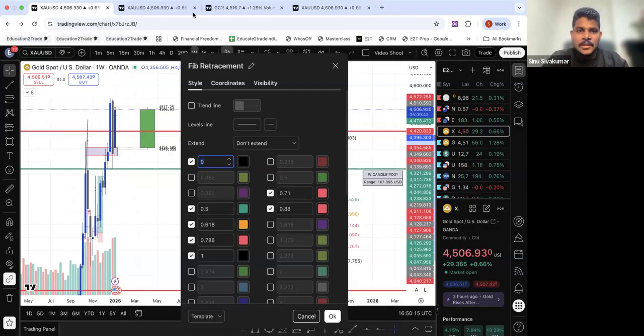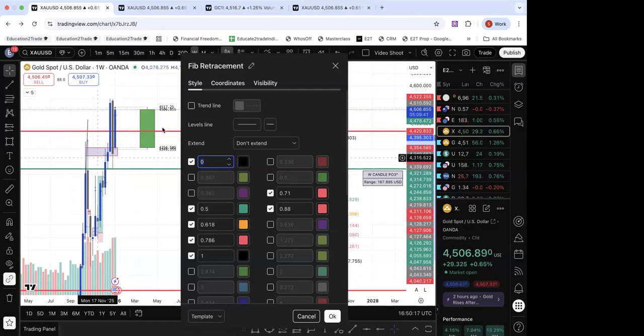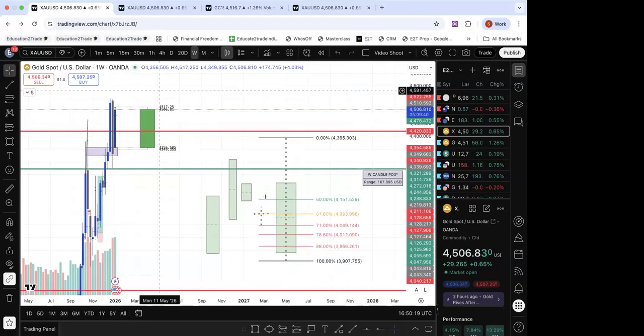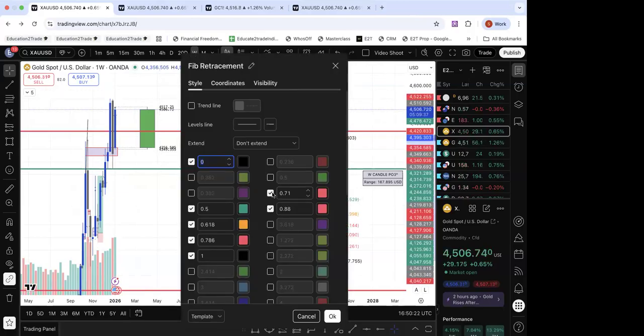I can turn off my video as well so that you can take a good, neat screenshot. I've kept 0, I've kept 0.5, which is 50%, and 0.618, 0.786, 0.71 and 0.88.